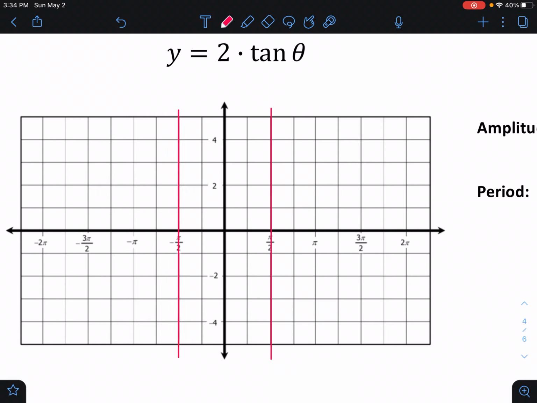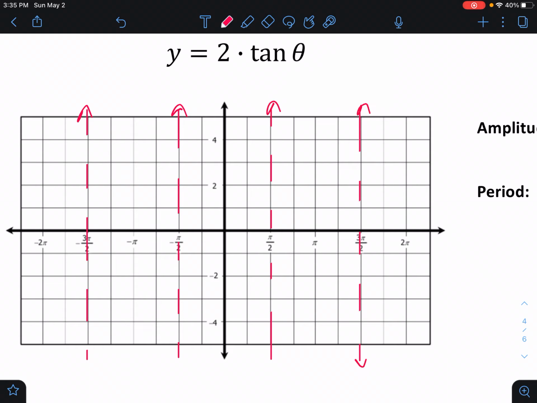And I'm just going to put those in there every 4 squares, because that represents 1 pi. Okay, and use my trusty eraser here.